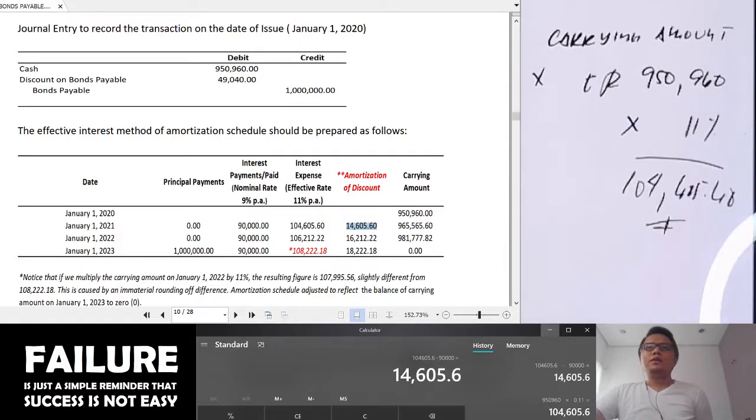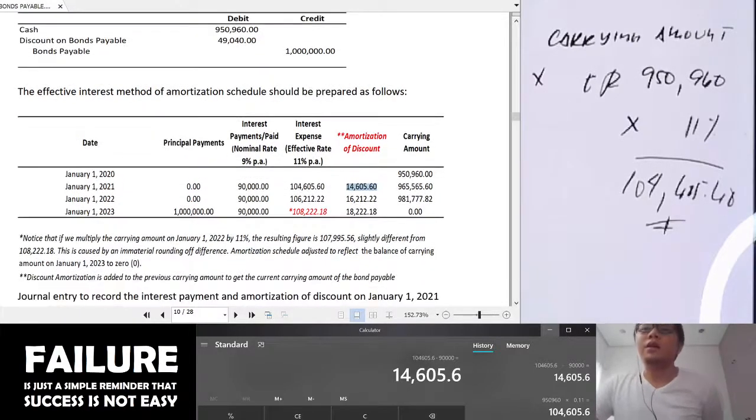So again, okay, amortization of discount is added sa carrying amount. Kasi yun nga, yung point natin dito sa effective amortization schedule is that at the end of the term, dito sa January 1, 2023, yung carrying amount na natin dito would be equal sa face amount. Kasi yun nga, at the end of the term, after payment, magiging 0 na siya.